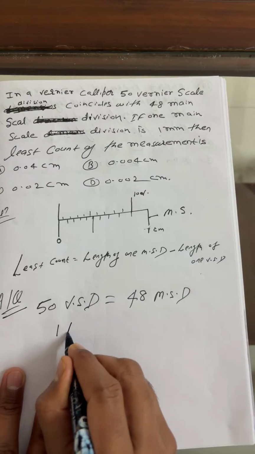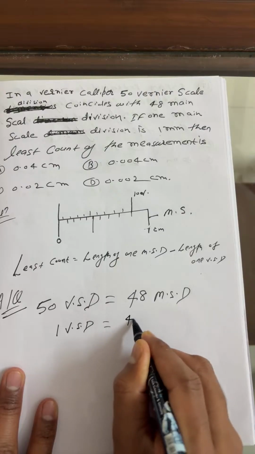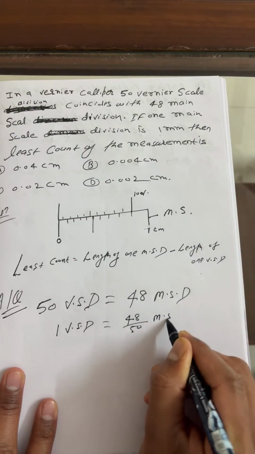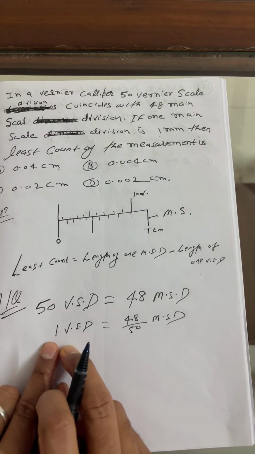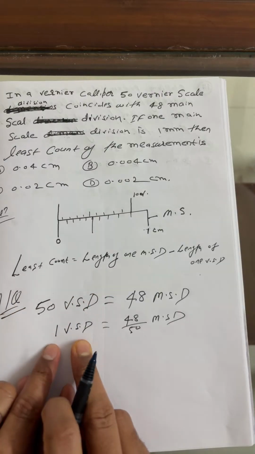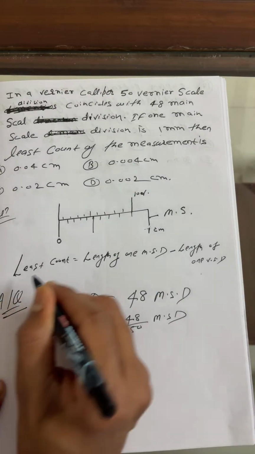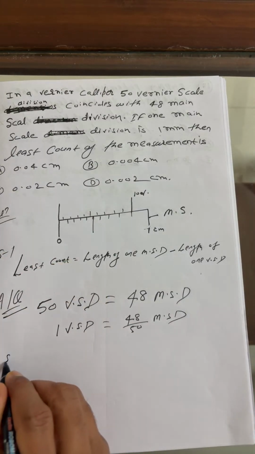Now, students, you can write one vernier scale division is 48 by 50 main scale division. Beta, we got VSD, with MSD mentioned in the question. Now students, this is the formula part, the theory, in step one.